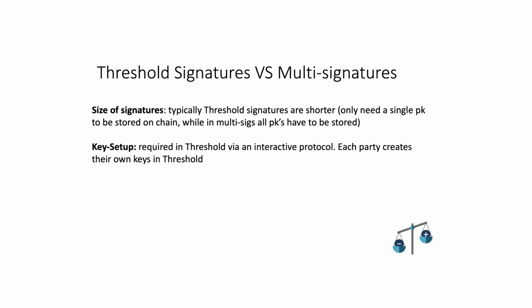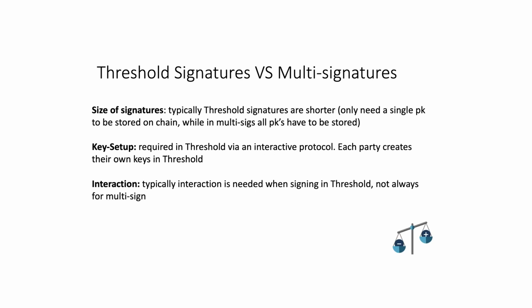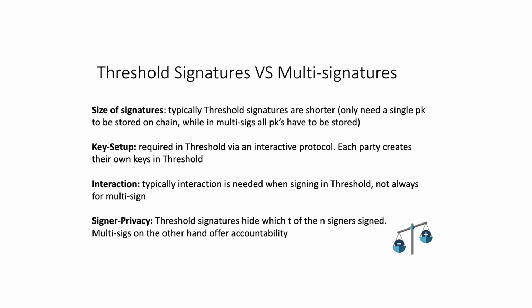In multi-signatures, it's completely transparent, everyone does their own. Interaction is needed in threshold signatures, not always for multi-signatures. And on signer privacy, threshold signatures hide who signed the message. Multi-signatures, on the other hand, offer accountability, so the privacy thing can be a feature or a problem depending on what your goal is.